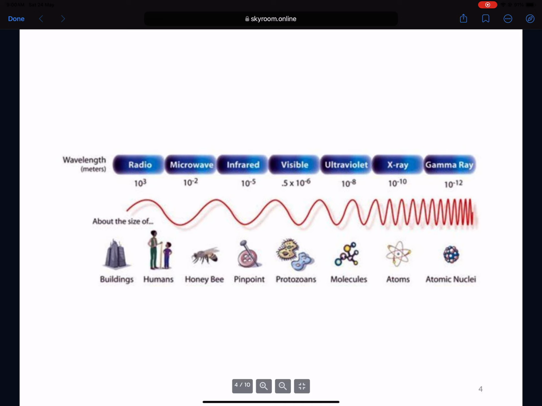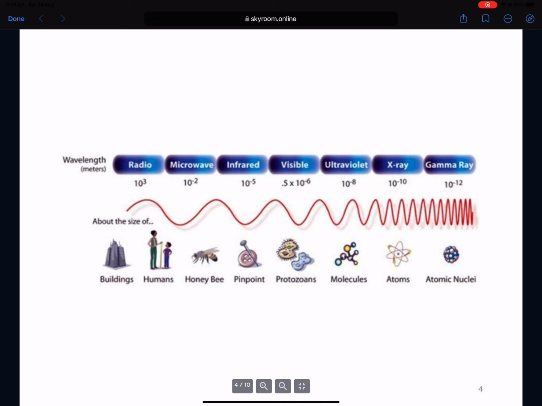But when you go to the right, the second region is infrared, with shorter wavelength and higher frequency; visible light, shorter wavelengths, higher frequency; ultraviolet, X-ray, and gamma ray.